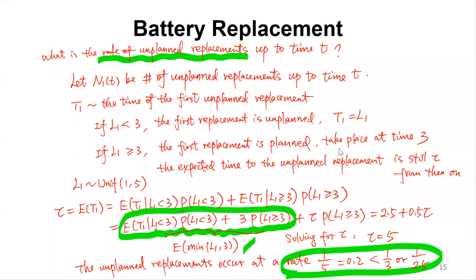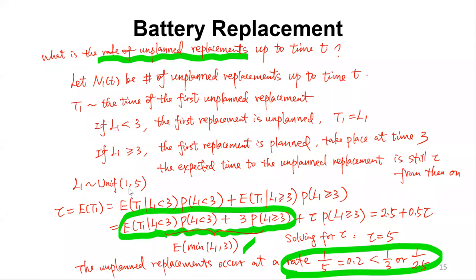So it takes place at time 3 and the expected time to the unplanned replacement is still tau. You see here, when L1 is greater than 3, the first replacement is not unplanned, it's planned. So it happens at time 3. Then after time 3, you continue to move forward, and you have already replaced, right? Then if the next one is unplanned, the expected time is still tau from then on.